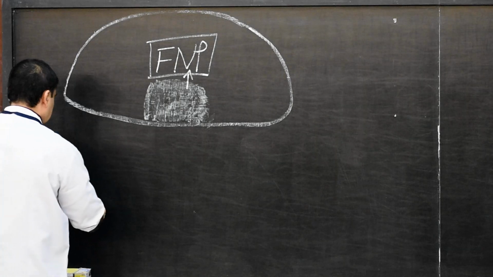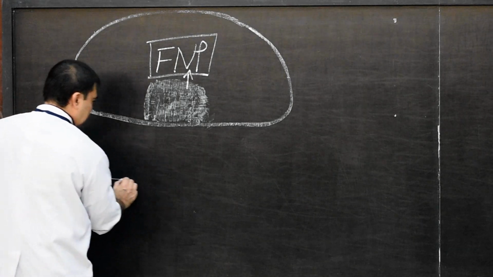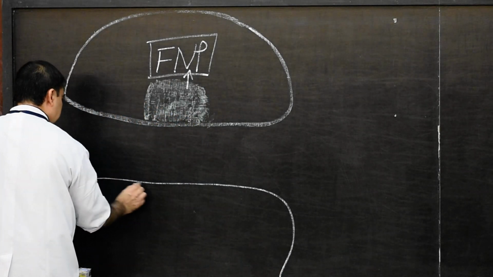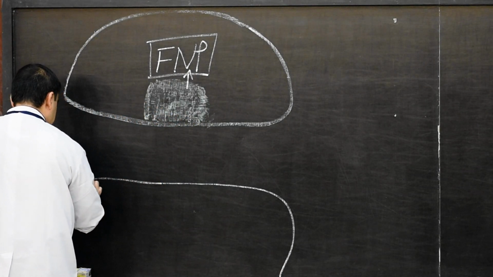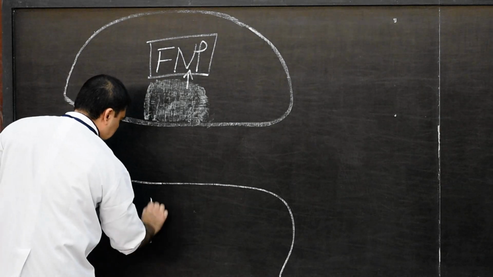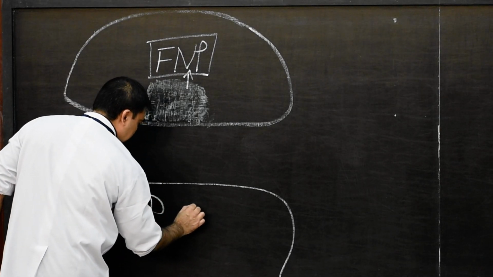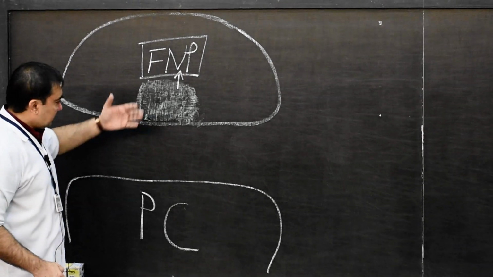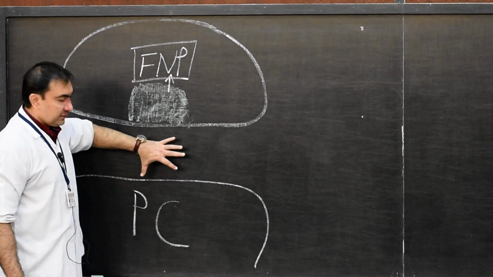Now below we make another bulge and we leave this bulge as half. This is called pericardial cavity. And we know that this is the coronal section. We are looking at the embryo from the front.